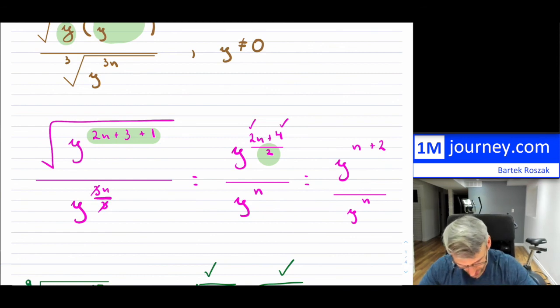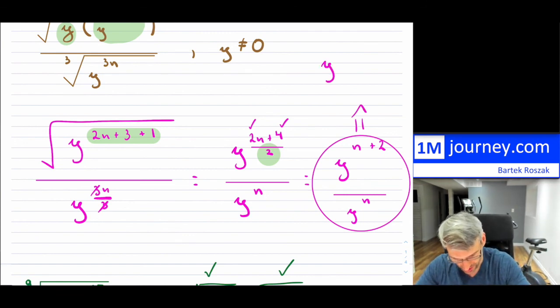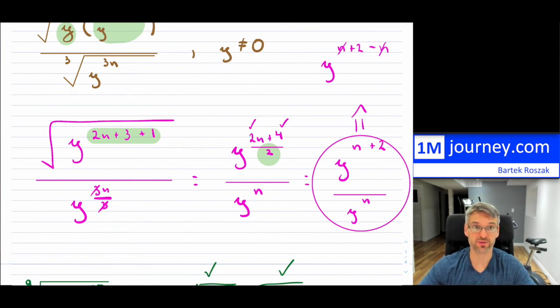And now, if we take this, I'm going to just write it just above. So that's going to be y. Now it's division, so it's going to be n plus 2 minus n. So notice n minus n, because those are like terms in the exponent.